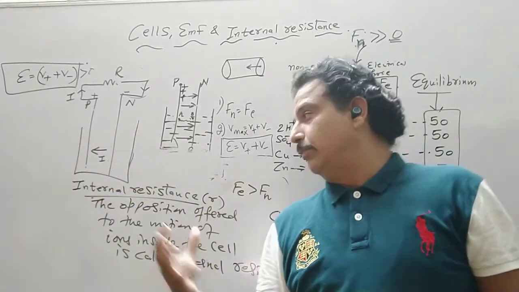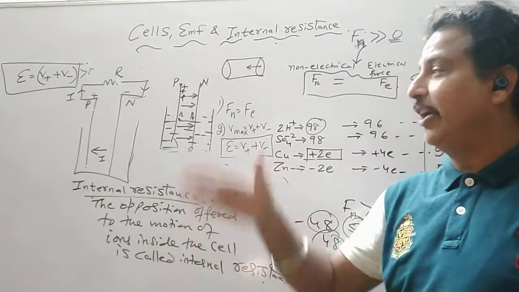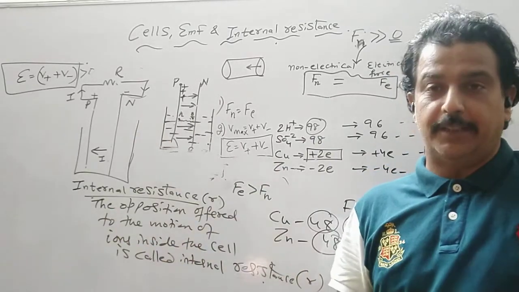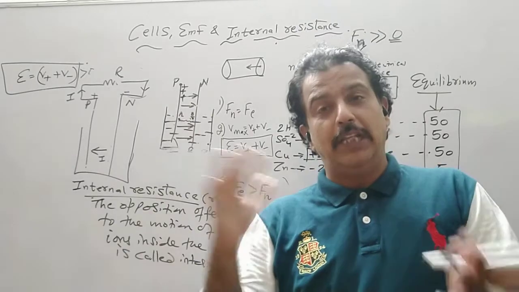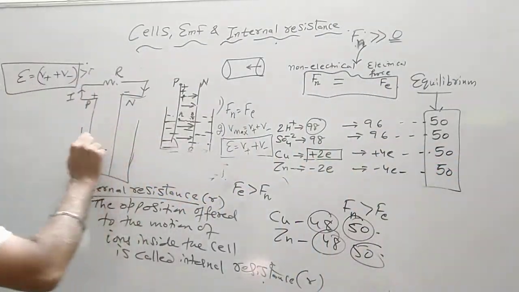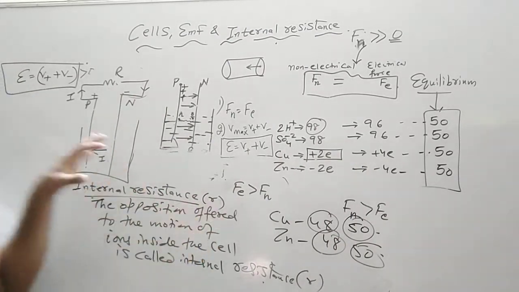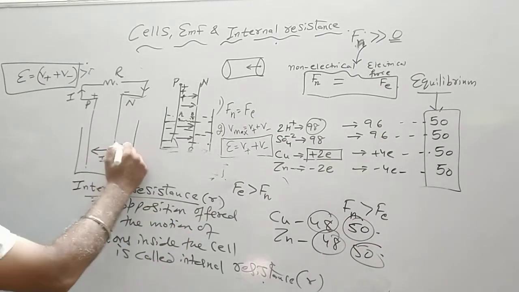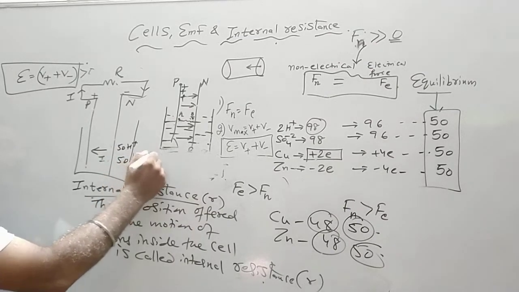Or in simple terms, internal resistance can also be defined as the opposition offered by the electrolyte to the motion of the current, because current is associated with the motion of charge. So the electrolyte opposes it. These ions being opposed is called internal resistance. So the ions inside find difficulty because there are 50 positive ions and 50 negative ions inside it.